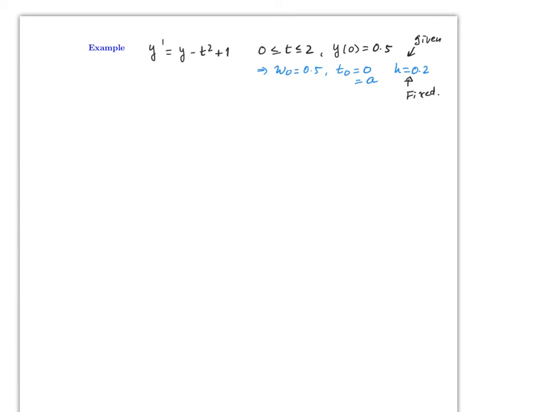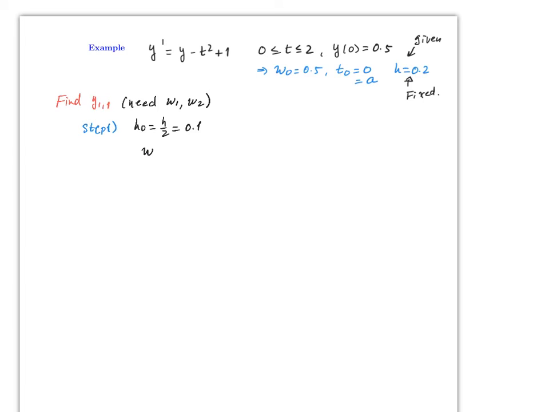All right, so the first thing we need to do is find Y11, but remember before we do that, we need to find w1 and w2. Okay, so if we follow the steps that I told you before, for step 1, h0 is going to be h over 2, which will give you 0.1.